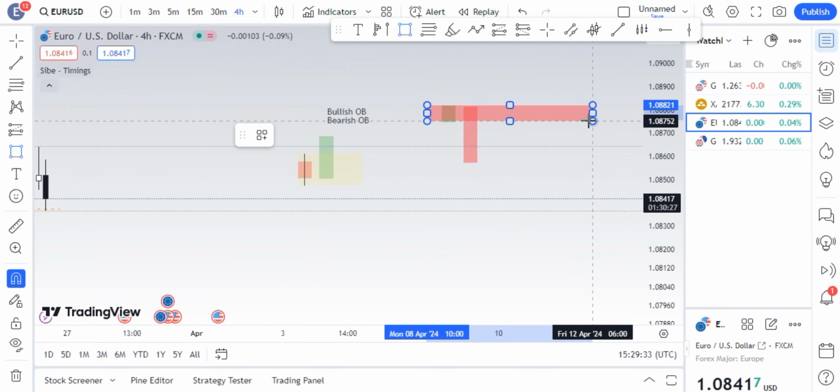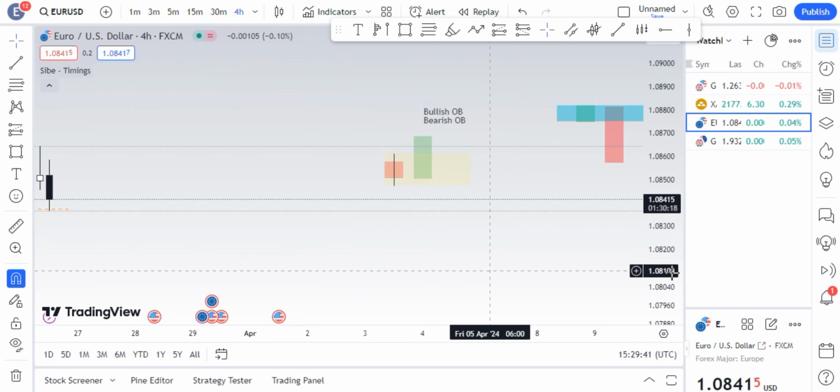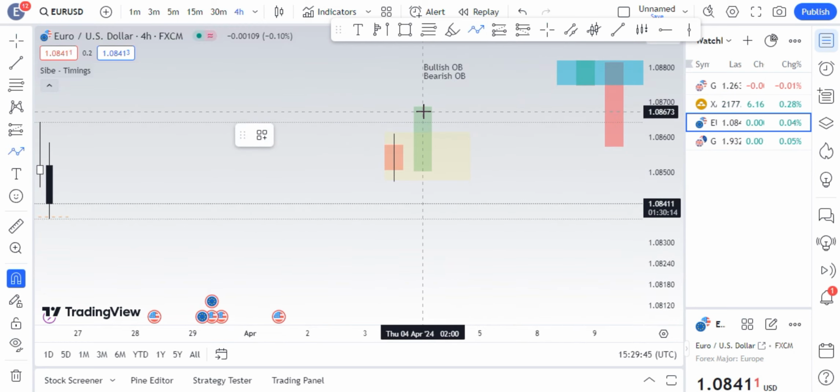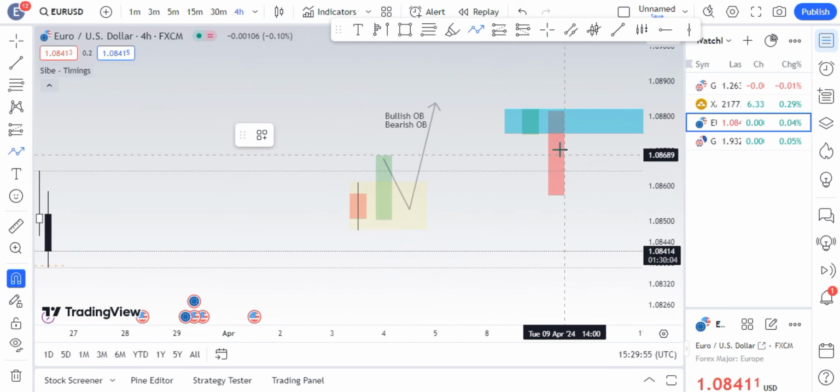The whole reason why people want to learn this order block theory is because when we're trading, if it's a bullish order block, we expect price to get to it and then shoot up. And if it's a bearish order block, price is supposed to get to that bearish order block and then shoot down.